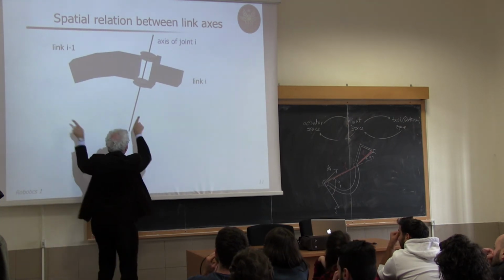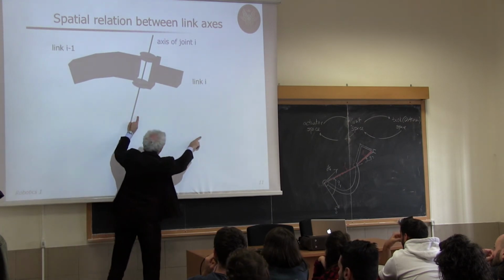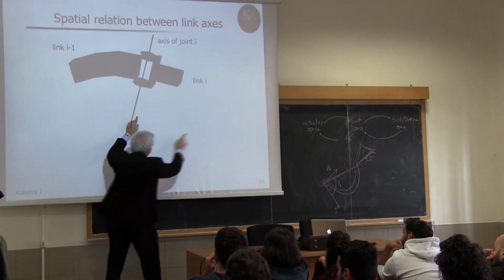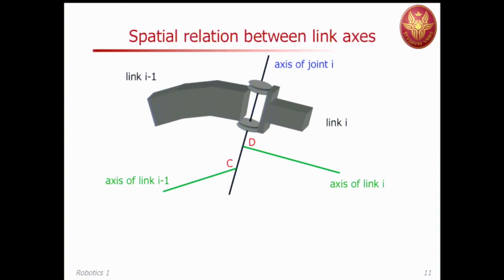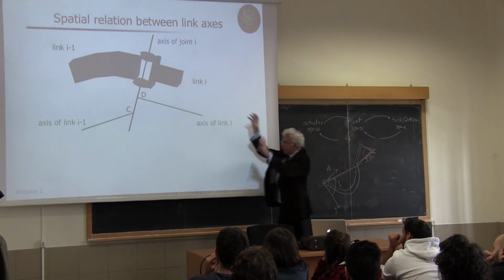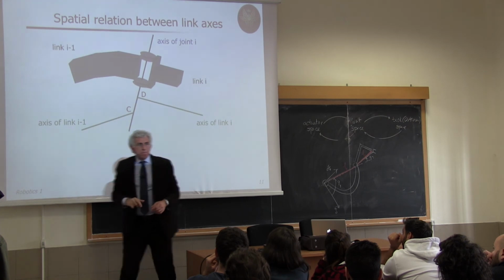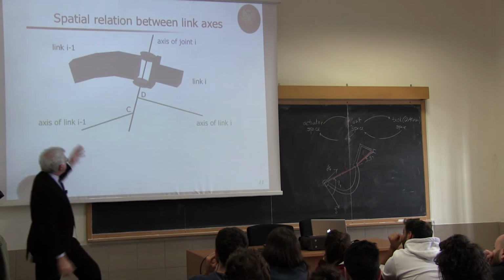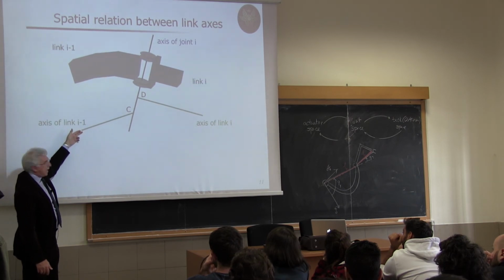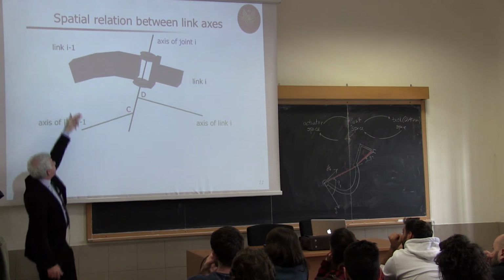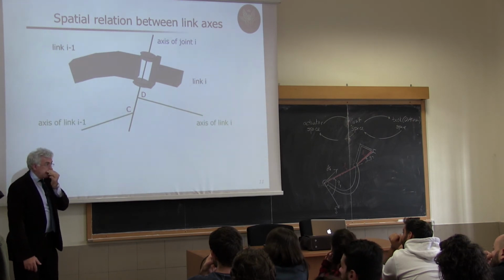So, since we have pair of joint axes, for each pair we have a common normal, another common normal, and these common normals are what we have just defined, the axis of what? Of link I minus 1 and of link I. And now, on purpose, I made a generic strange structure like this, and I'm not showing the other joint, but you see that the link axis here of link I minus 1 may not live on the physical link itself.